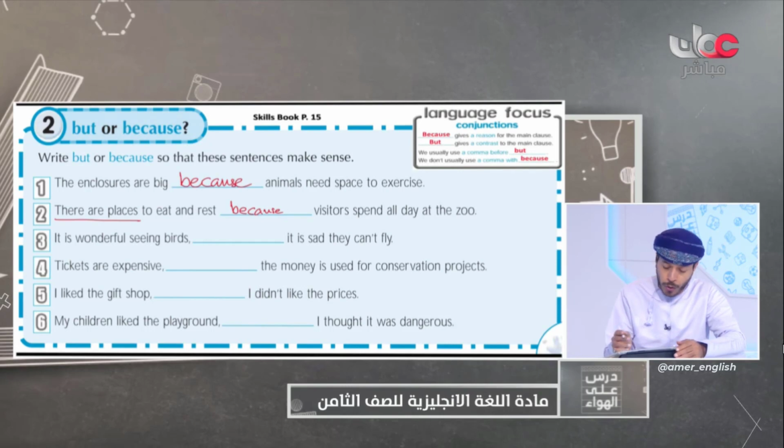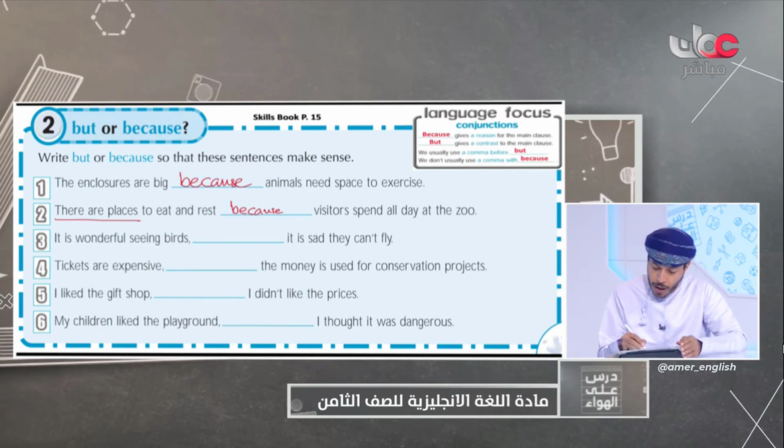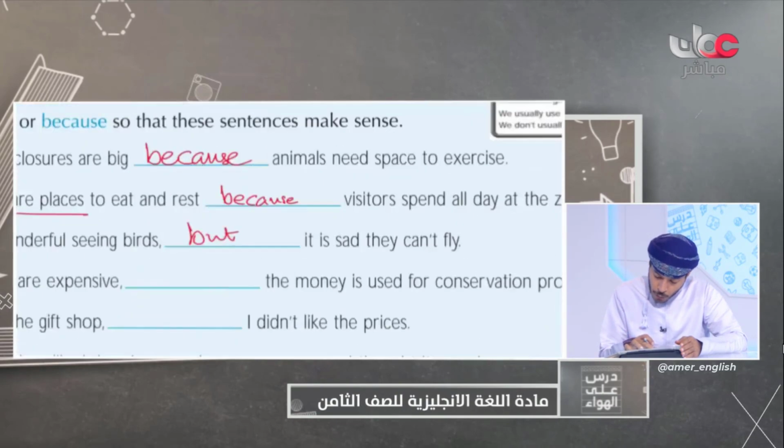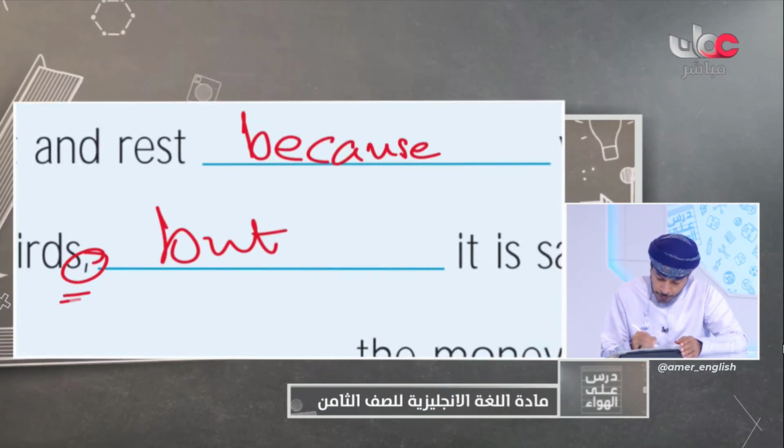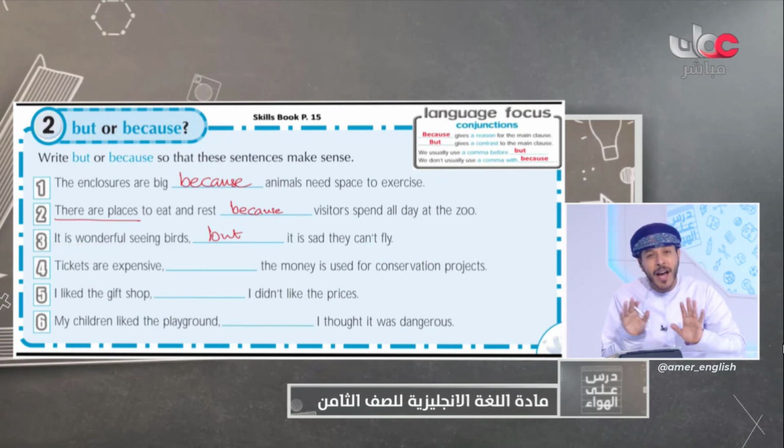But look at the third one. It is wonderful seeing birds, 'but', and as you can see, there is a comma here. Okay, so we use 'but' where there is a comma; where there is no comma, we use 'because'. So for number 3, it is wonderful seeing birds, but it is sad they can't fly.